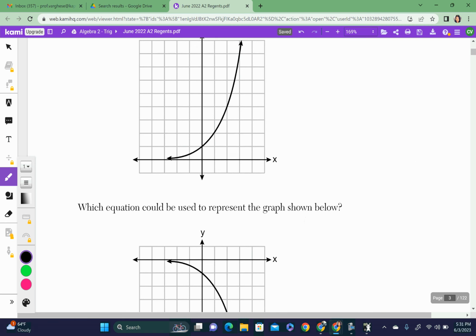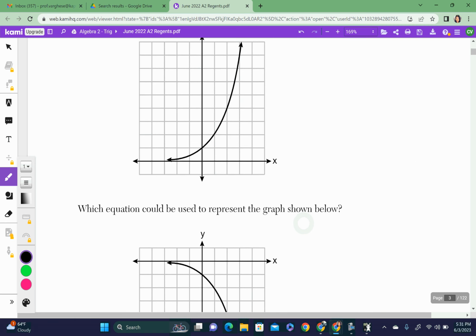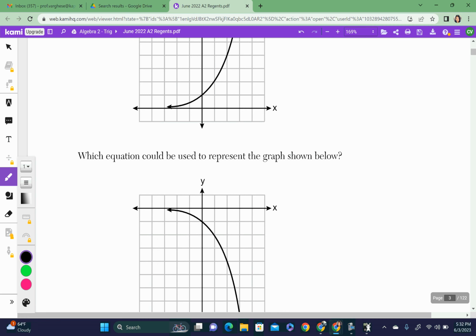Which equation could be used to represent the graph shown below? So what is happening here, right? There is a flip over this line, which is the x-axis. So if you had a function f of x, which is representing this on top, then this one on the bottom would be negative f of x, right? The negative sign in the front means that it gets reflected over the x-axis.